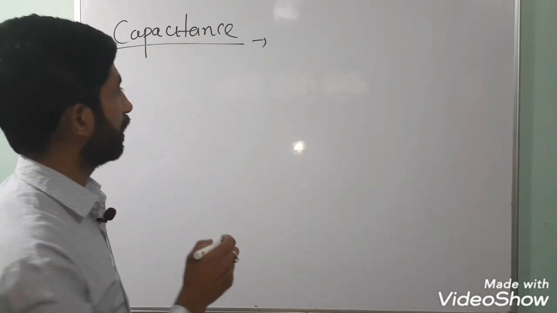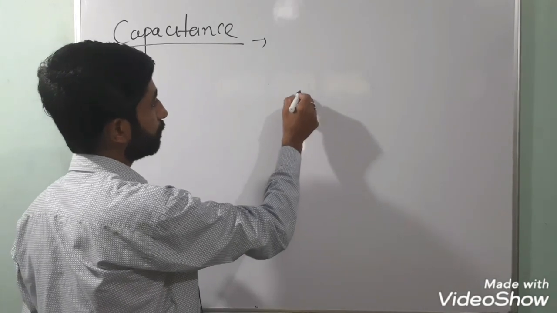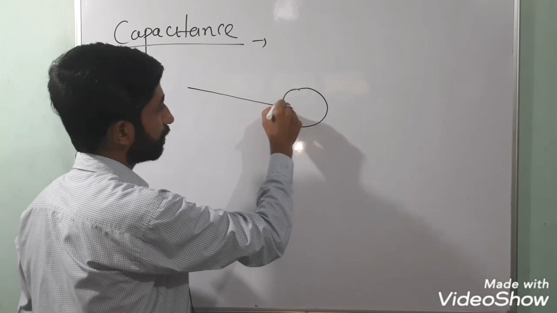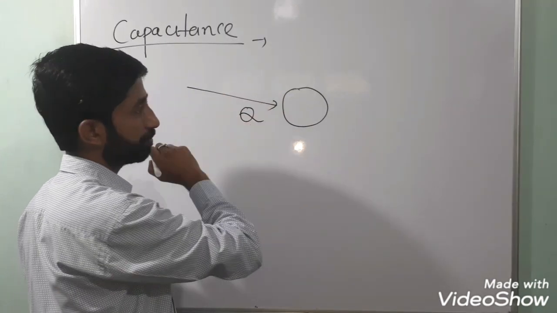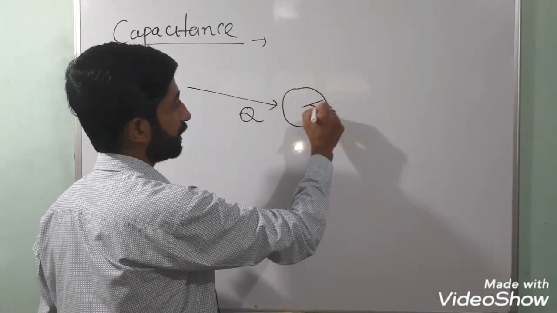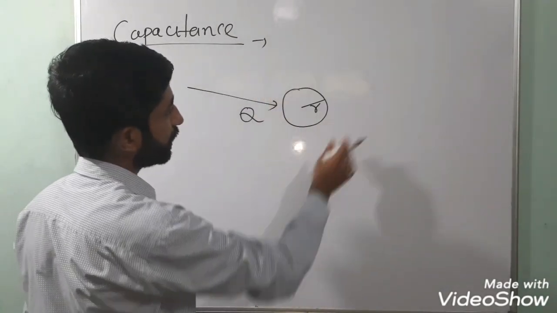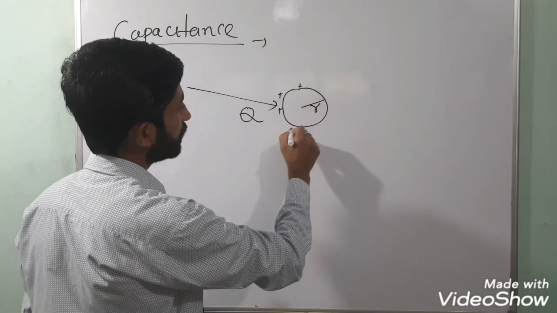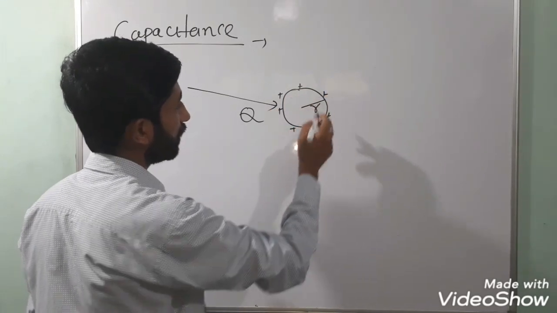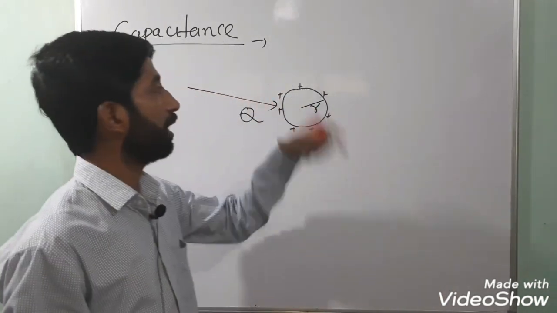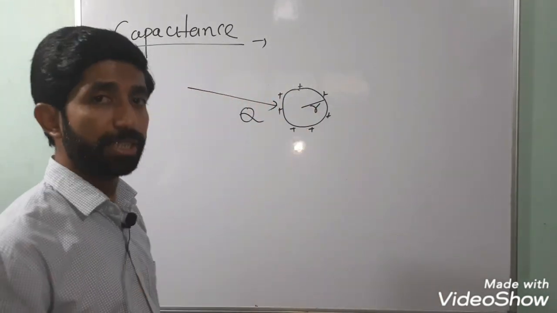Capacitance. If we have a conductor, suppose a circular conductor, and I am giving it a charge q, and its radius is r, then obviously all charge goes to its surface. It is either hollow or solid, it does not matter; the whole charge goes to the outer surface of the conductor, whatever be the shape and size.